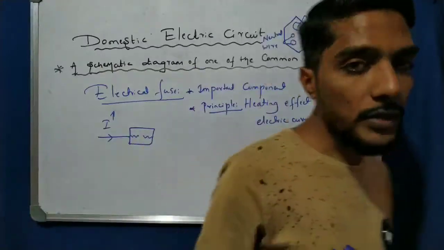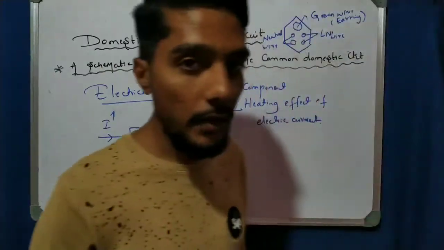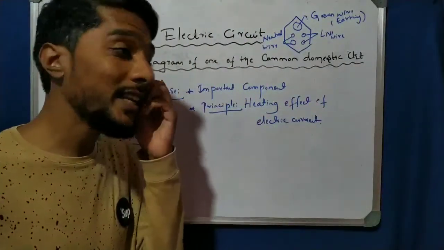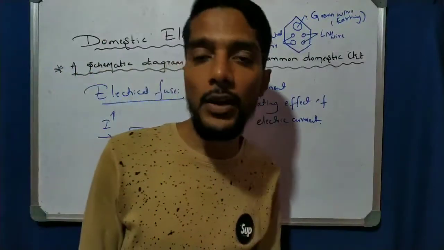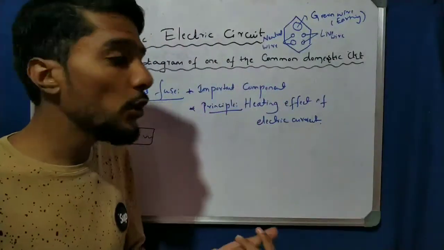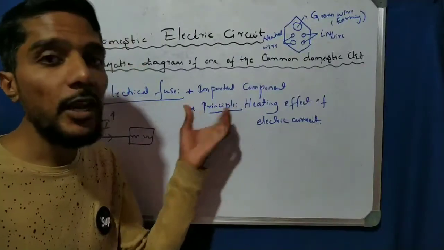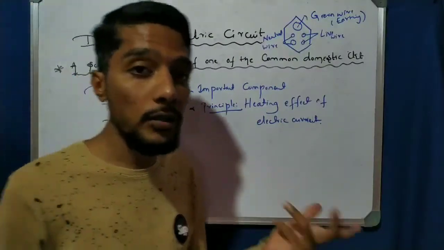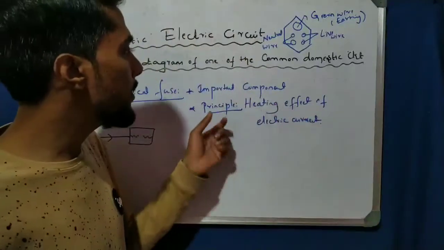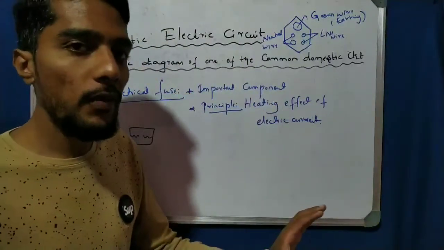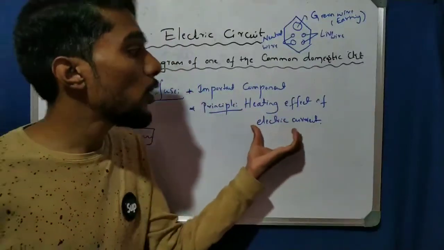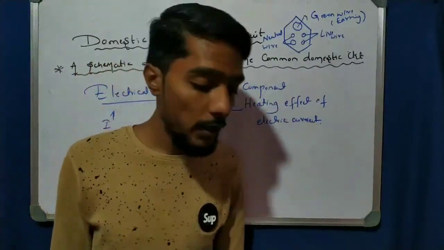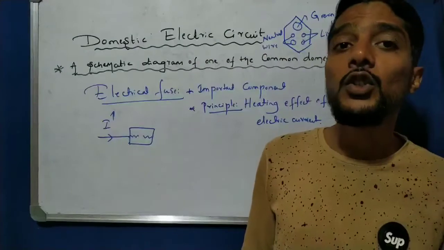We studied this in detail in the electricity videos. If you have not watched them, please go to the channel Education Junction Science 10, where you will find many videos on the electricity chapter. In the last video of the chapter, we studied the meaning and importance of the fuse. Fuses work on the principle of the heating effect of electric current, that is Joule's law of heating.